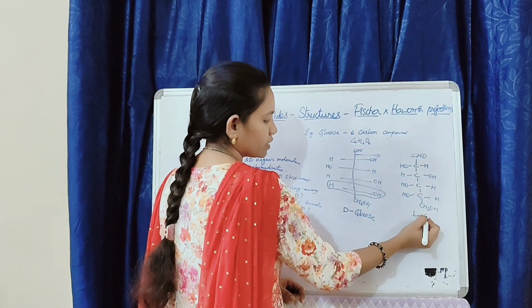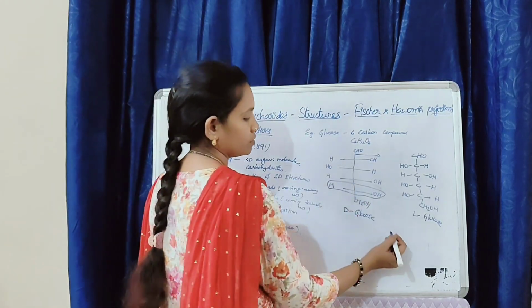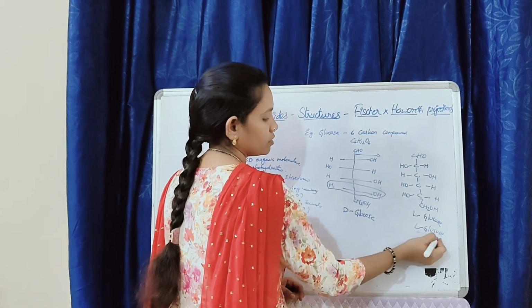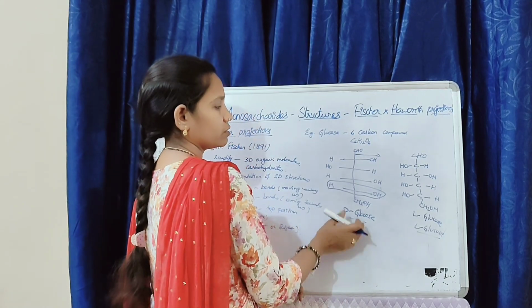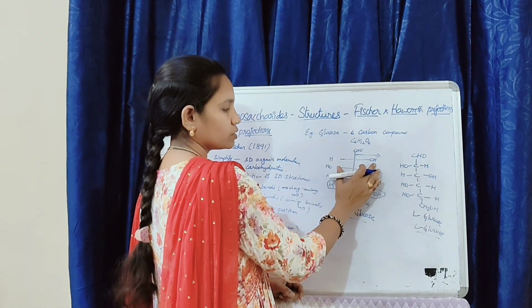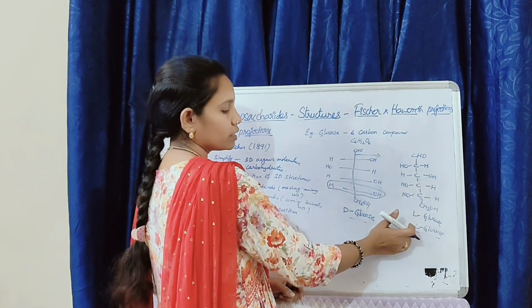Now it is the L-glucose form. See here, D and L forms are mirror images. Whatever the positions of hydrogen and hydroxyl groups present in the D form are opposite in the L form.